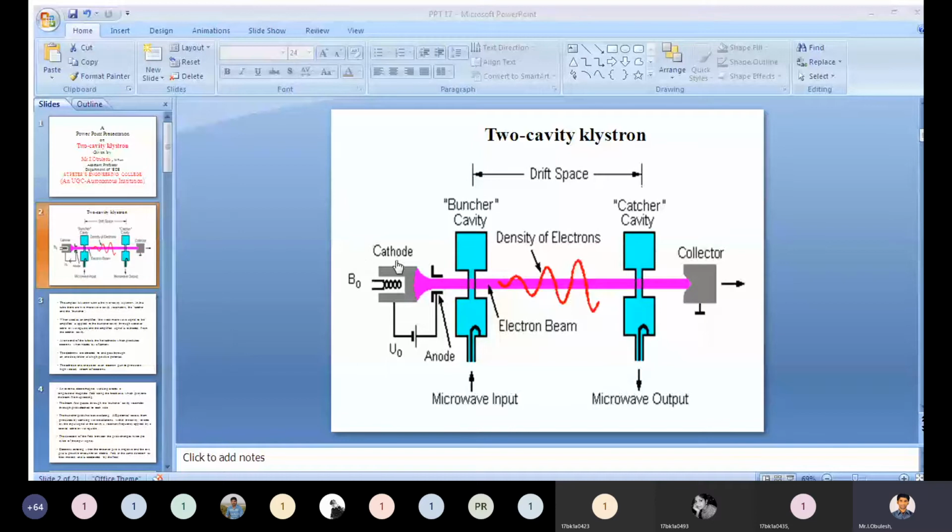The direction of this field between the grids changes twice per cycle of the input signal. The electrons entering when the entrance grid is negative and the exit grid is positive encounter an electric field in the same direction as their motion and are accelerated by the field.